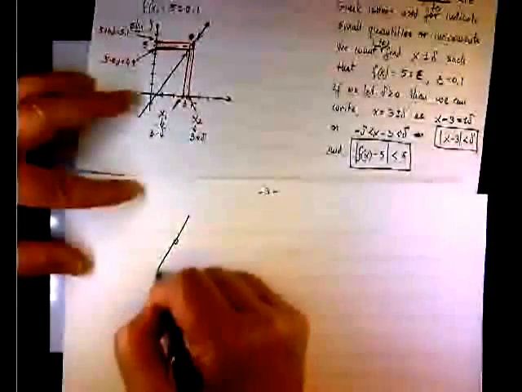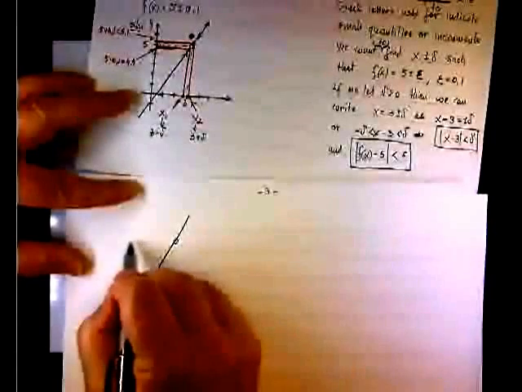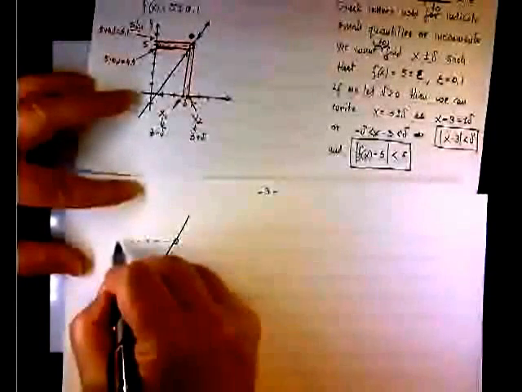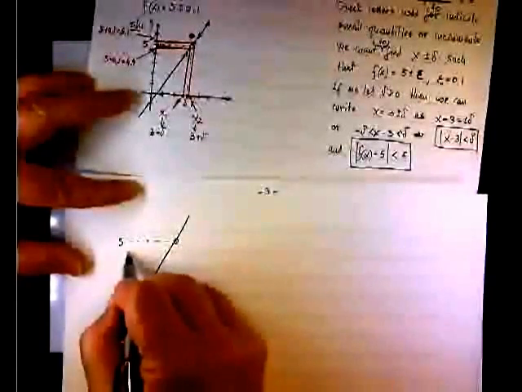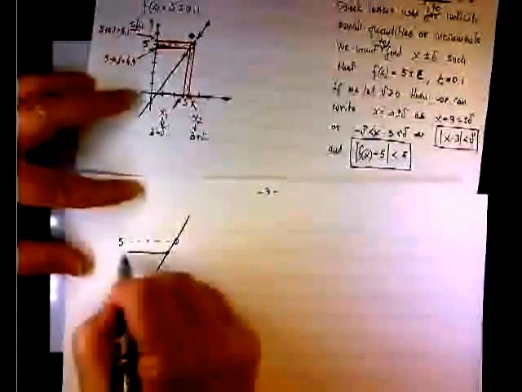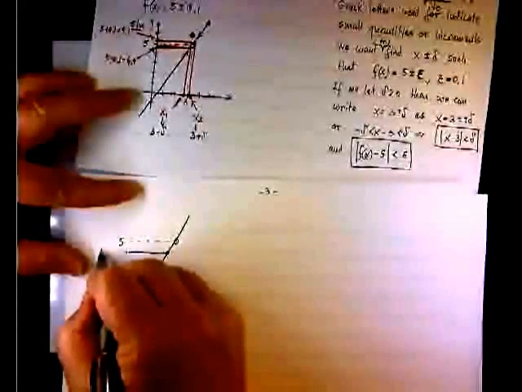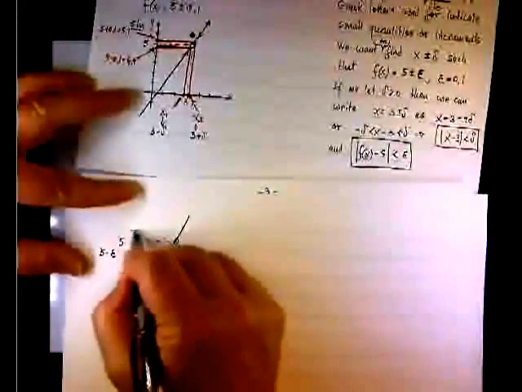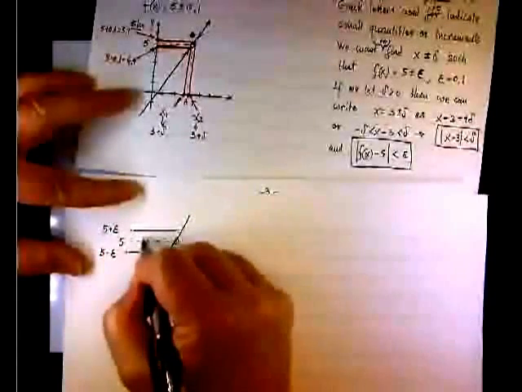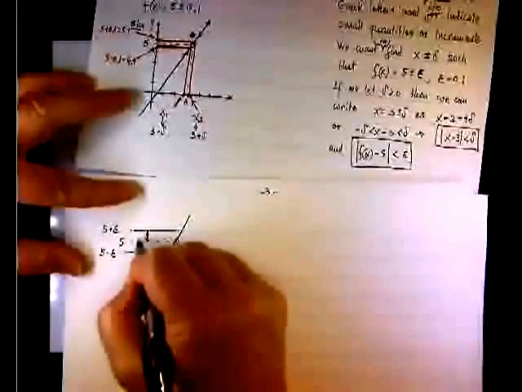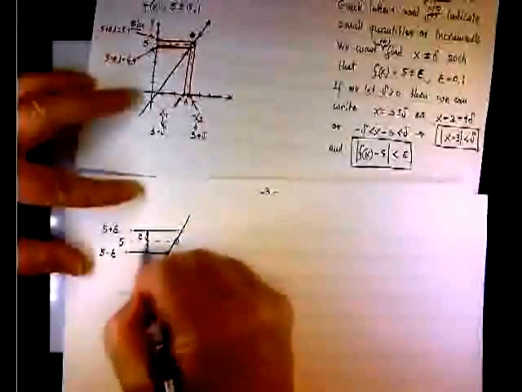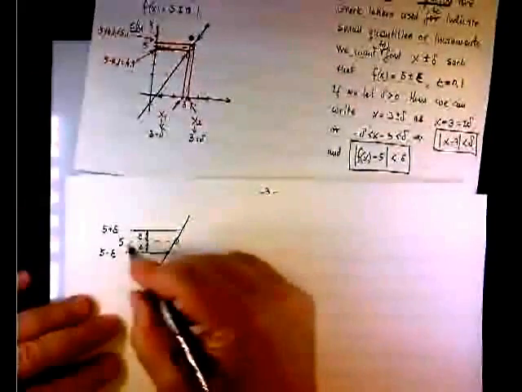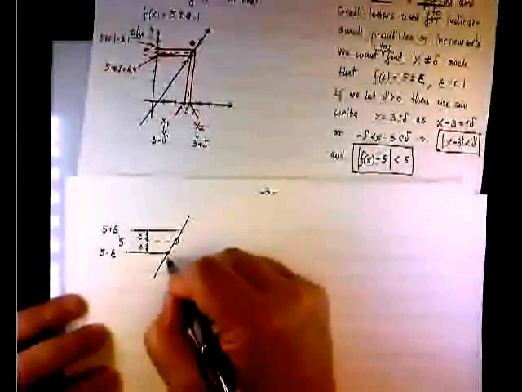So this is the hole, right? And this is 5. Now, I'm exaggerating. So the difference will be epsilon. So this will be 5 minus epsilon, and on top, we'll have 5 plus epsilon. So epsilon is this measure. Okay? Epsilon is the deviation from the value of the limit.